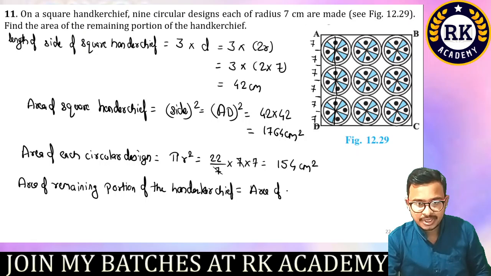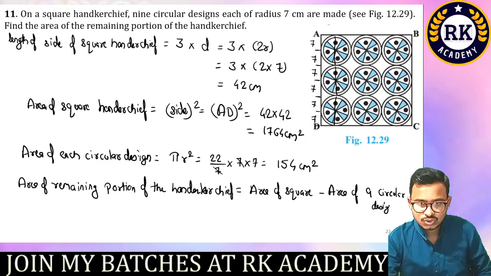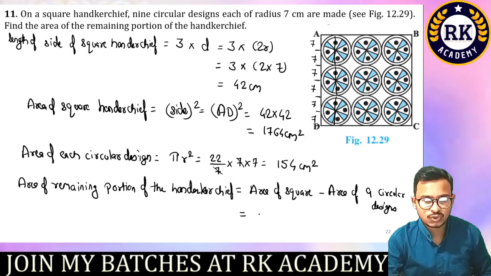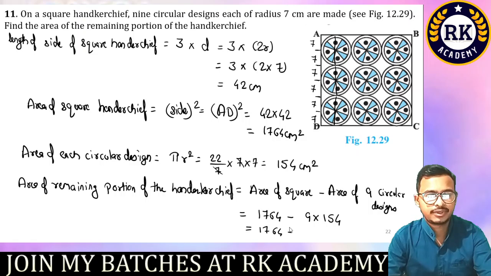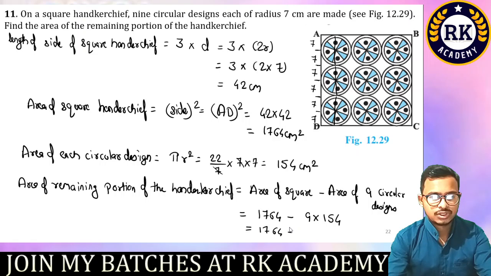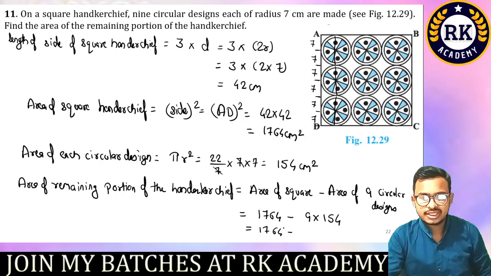So you will write area of square minus area of 9 circular designs. So we will subtract the area of these 9 circular designs. So this is 1764, area of square, minus the area of each circular region, which is 9 multiplied by 154. So just find 1764 minus 9 into 154. So 9 into 154 will be 1386.